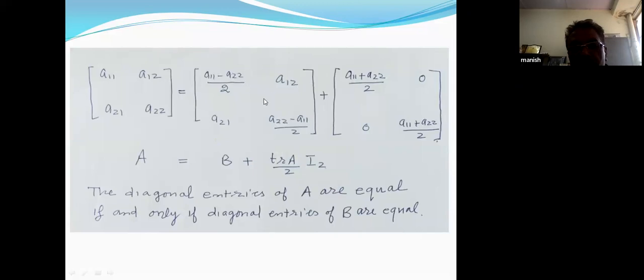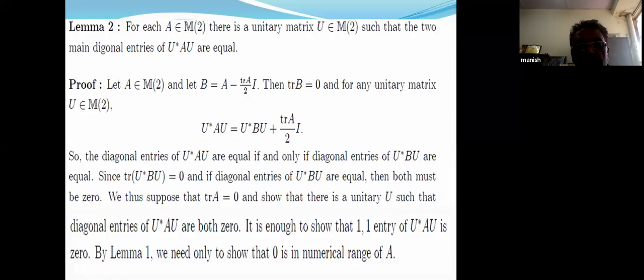So if these two are equal, then we are just adding A11 plus A22 here, A11 plus A22 here. So if these two are equal, then these two must be equal, but they are negatives of each other. So they are equal only when both are 0. So without loss of generality, we may assume that trace A is 0.